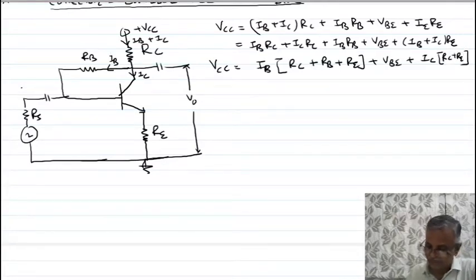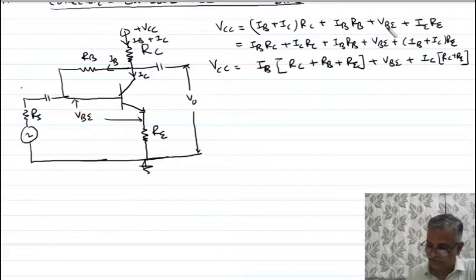Look here, VCC is equal to voltage across RC plus voltage across RB plus VB plus voltage across RE. So this voltage is (IB plus IC) into RC. This is IB RB.